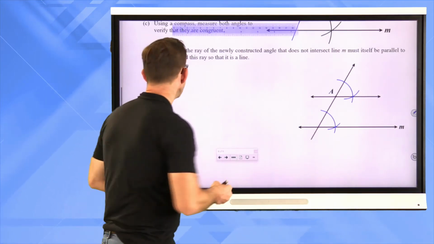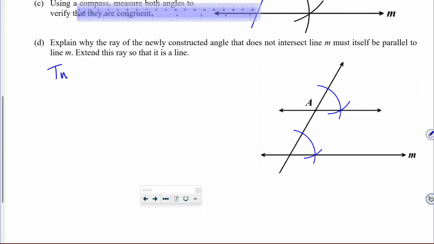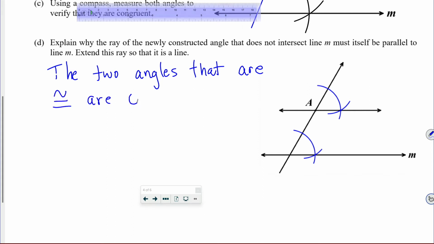All right? So, two angles that are congruent are corresponding.